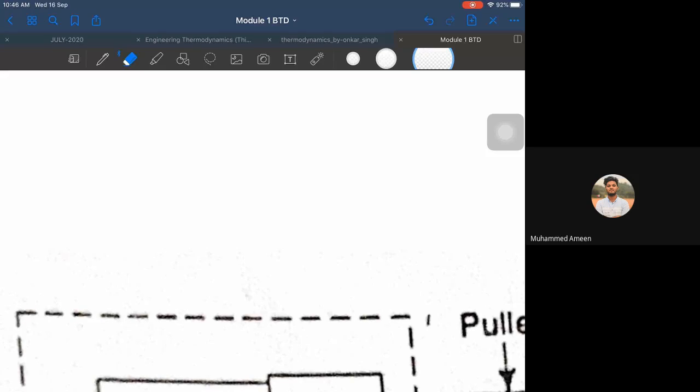Muaz. Work done by the system. It is positive, sir. Positive. Thank you, Muaz and Amin. Okay. Fahad. Yes, sir. Work done by the system is positive, sir. Faizan.